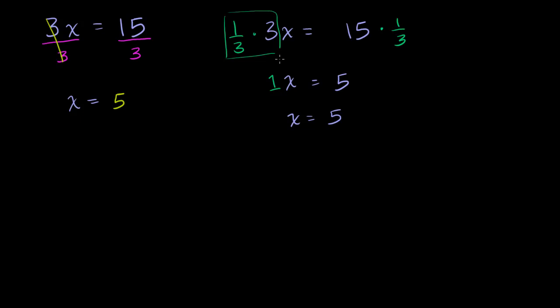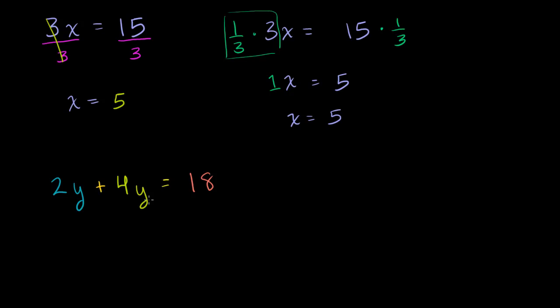Now let's do one more, and I'm going to make it a little bit more complicated. So let's say, and I'm going to change the variable a little bit, so let's say I have 2y plus 4y is equal to 18.